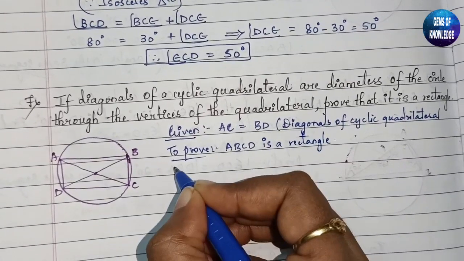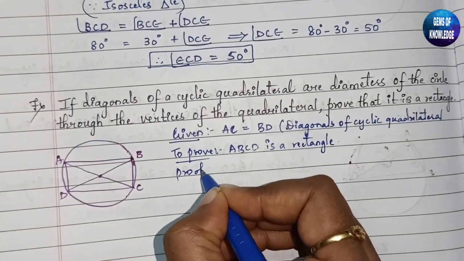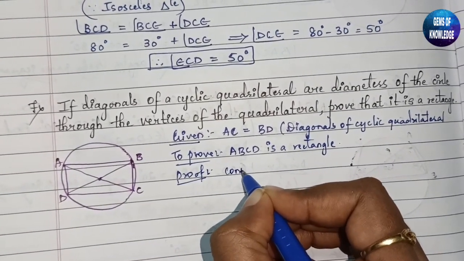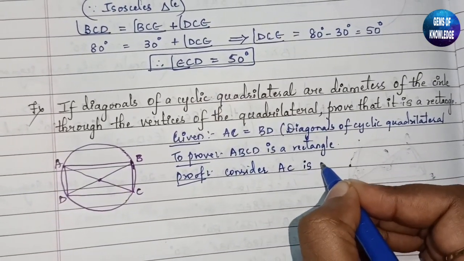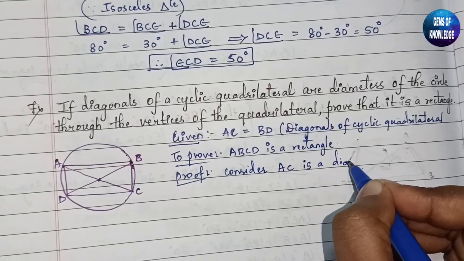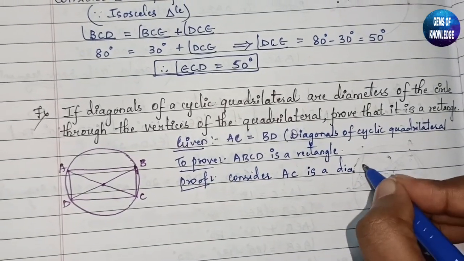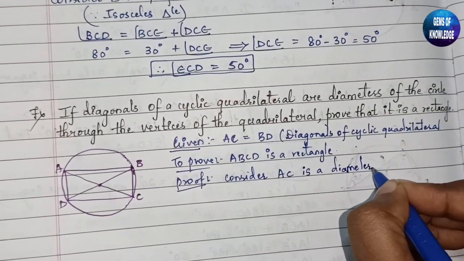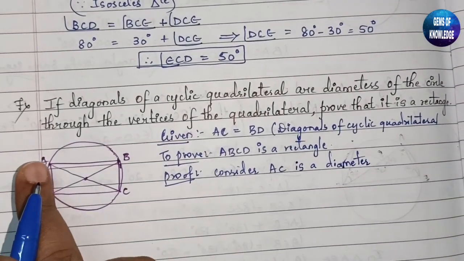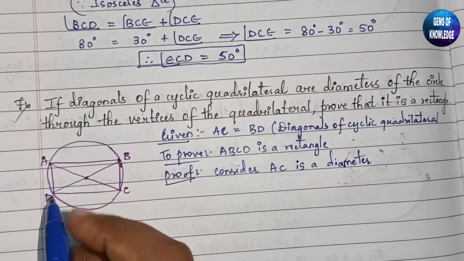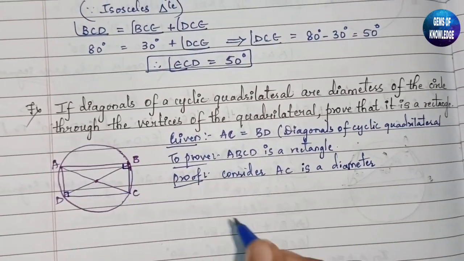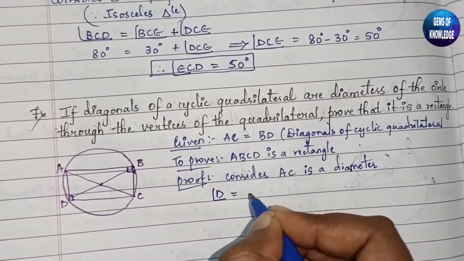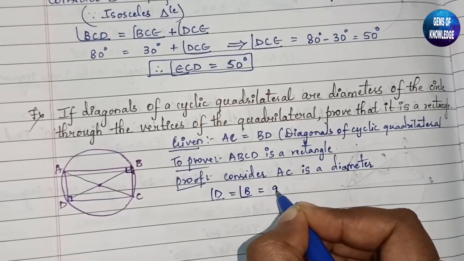So in the proof, what will we write? Consider AC first. AC is a diameter. If AC is a diameter, then we can write angle D is equal to angle B is equal to 90 degrees.